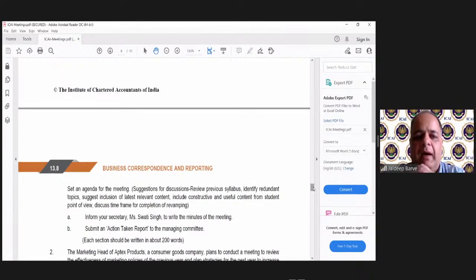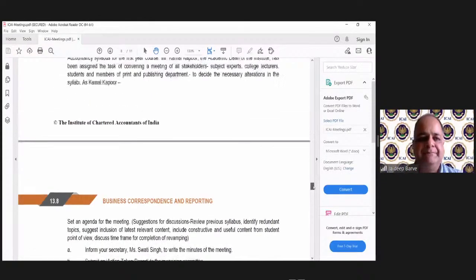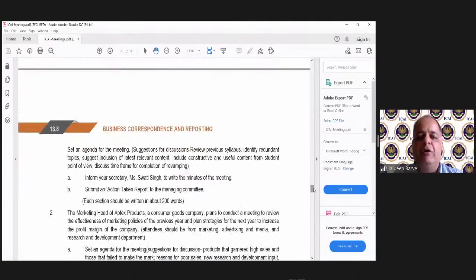Now, since you're Mr. Kamal Kapoor, one is that you are going to set an agenda. You are going to inform your secretary, Ms. Swati Singh, to write the minutes. Third, submit an action taken report to the managing committee. So it's three things. One, you have to write an agenda about this meeting.